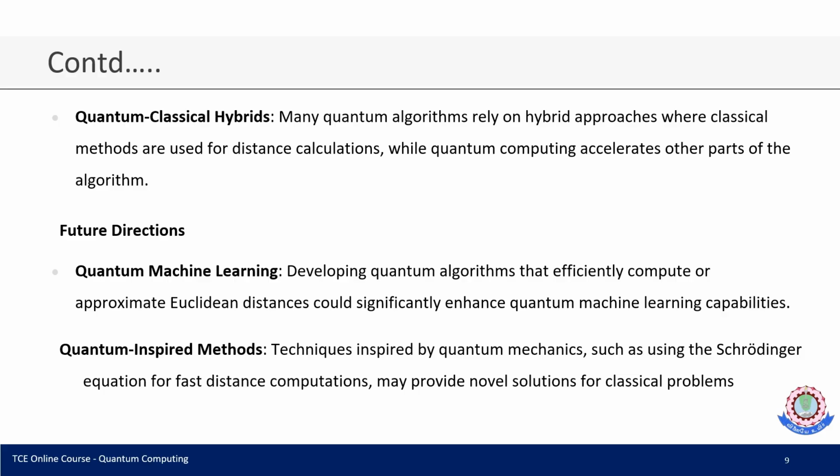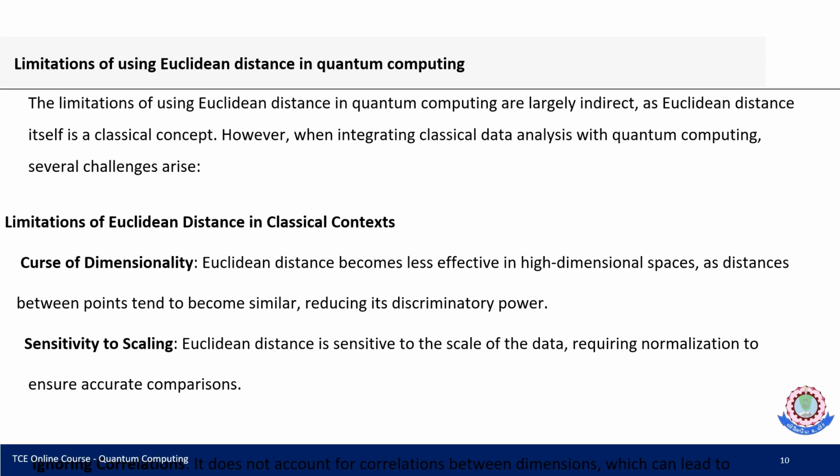Quantum-classical hybrids: many quantum algorithms rely on hybrid approaches where classical methods are used for distance calculation while quantum computing accelerates other parts of the algorithm. In future directions, quantum machine learning algorithms are also to be used. Quantum-inspired methods are also to be used with the help of the Schrödinger equation for fast distance computation.